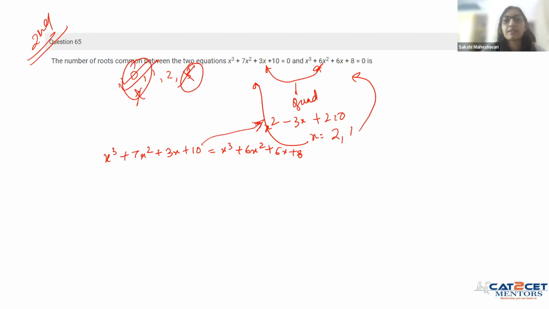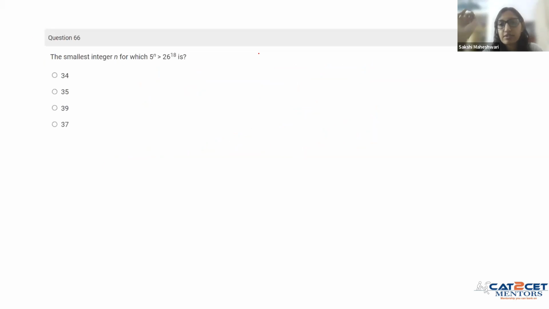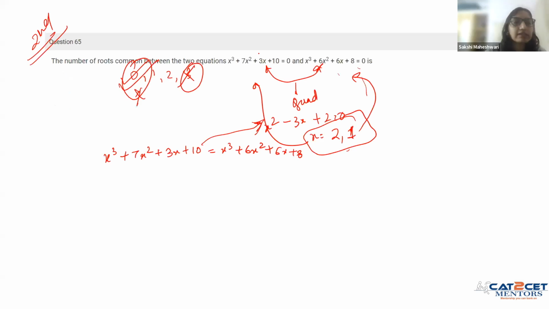I try to solve this quadratic and get these roots, but it's not necessary that this will divide both of these equations, right? So I'll just check if these two roots satisfy both the equations. If they both satisfy, then I'll have the number of common roots. And if they don't, then the number of common roots will be 0, right? Did you get it, Ishita?